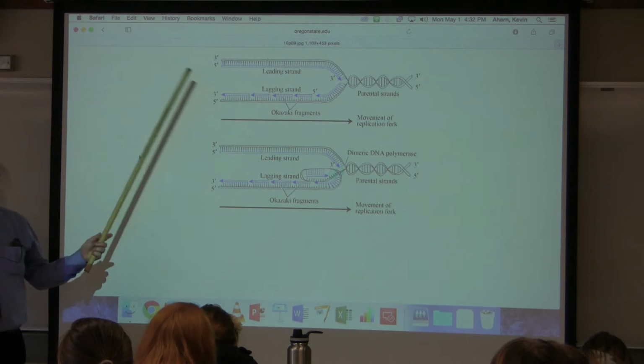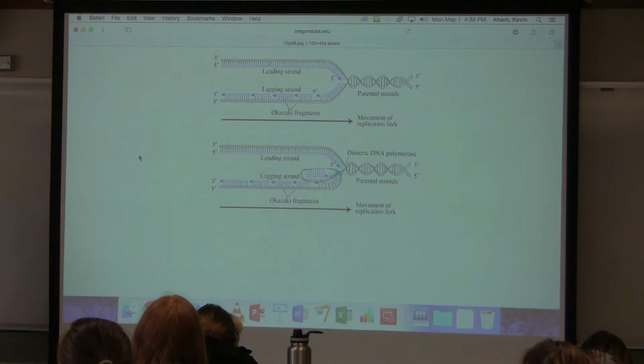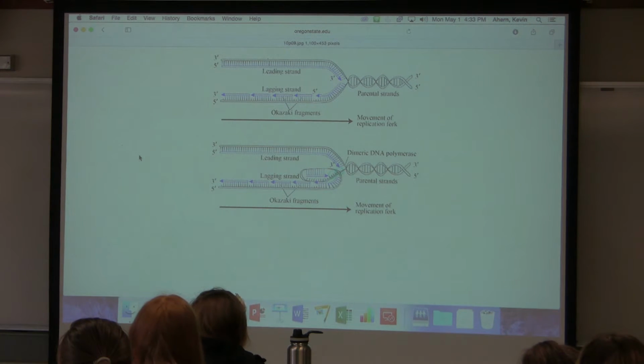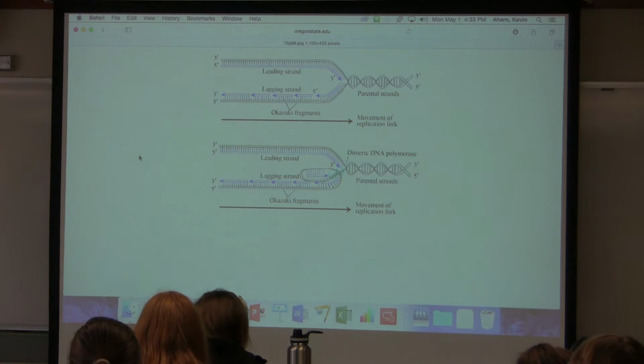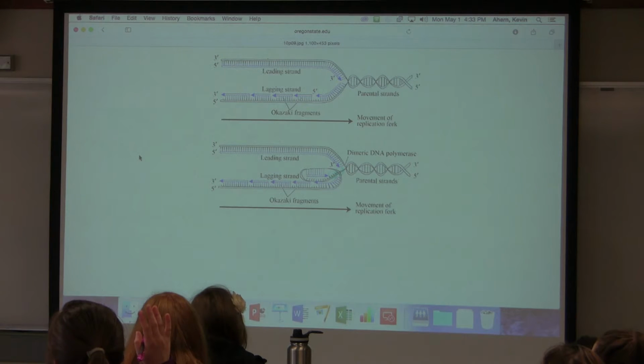And it's doing it at 1,000 of those per second. When we consider that an E. coli genome has about 6 million base pairs in it, it means it's making less than 1 error per every complete replication of that DNA. Pretty incredible. Questions on this before I move forward?